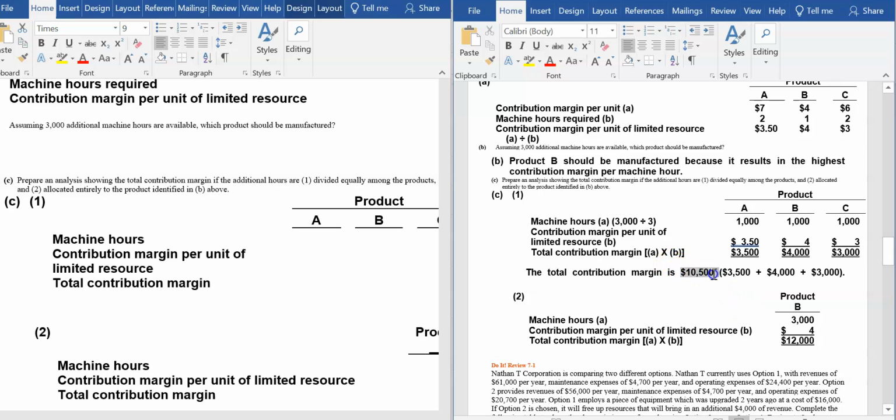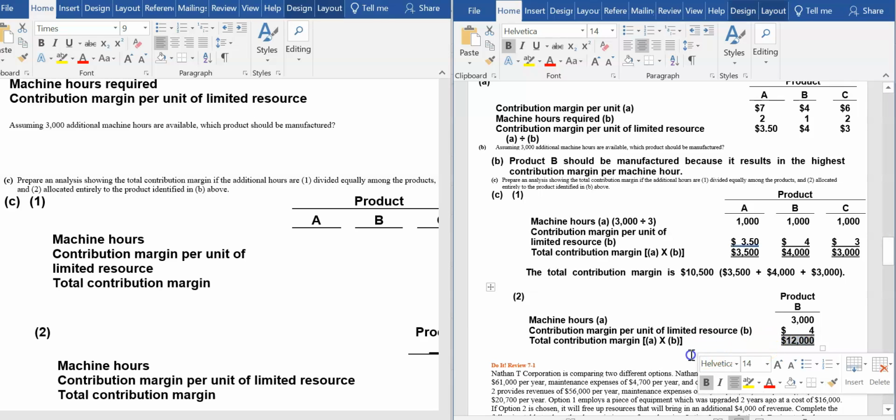If we divide the machine hours equally, the total contribution margin is $10,500. If we put it all to the high contribution margin product, we get $12,000. Based on this, we should allocate the hours to product B from a quantitative standpoint.